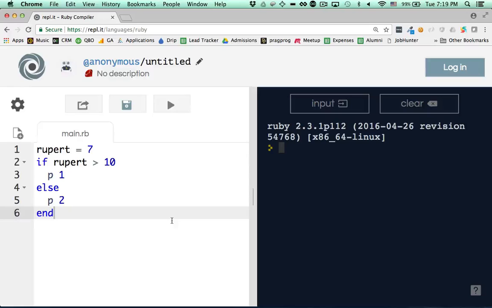Okay, so I have some new code up on the screen that has a new keyword that we have not yet introduced in this class called else. Take a stab as to what you think will happen if we run this code.